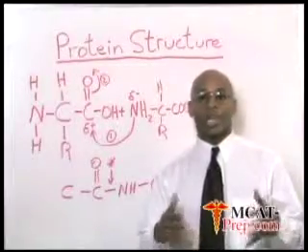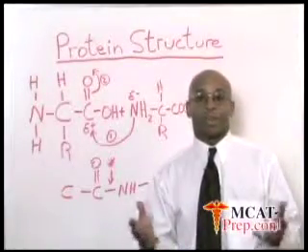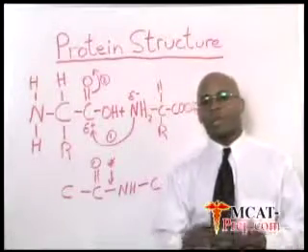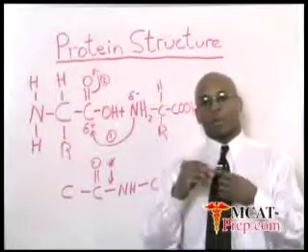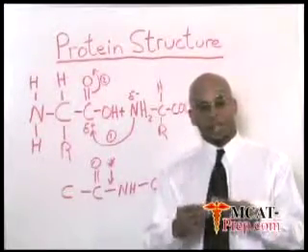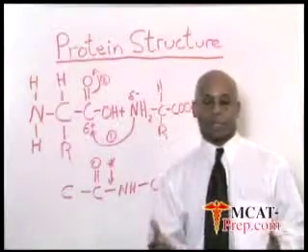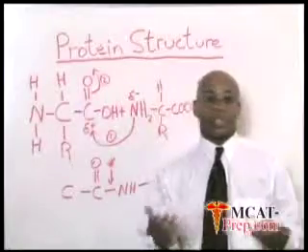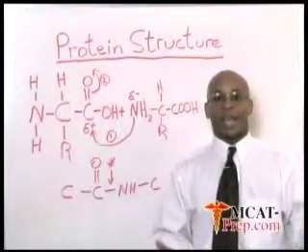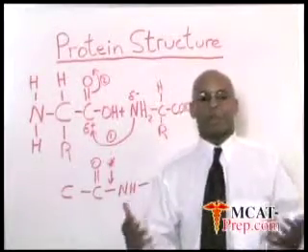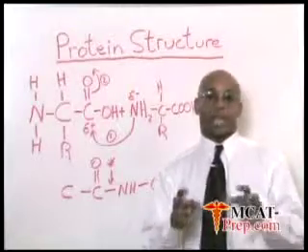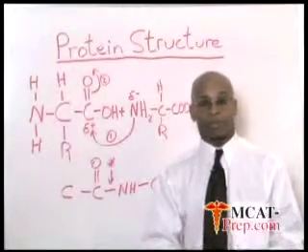The protein has a very important structure, and the structure can be divided in 4: primary structure, secondary structure, tertiary structure, and quaternary structure of a protein. And it's very important in terms of the activity of the protein. Whether it's an antibody or an enzyme, whatever it is, its structure has a lot to do with its activity.